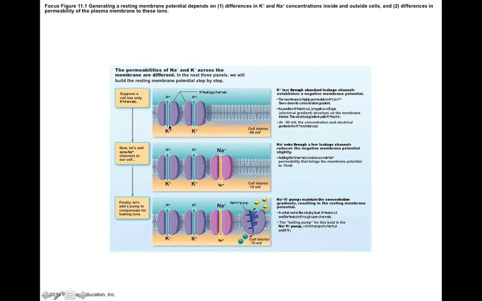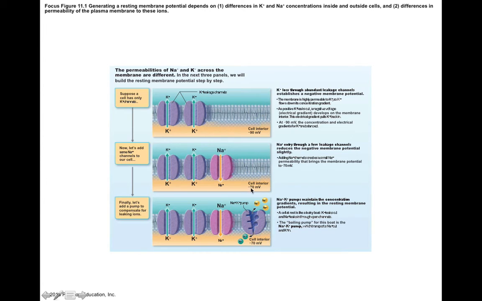Now, if you can isolate the effects of voltage due to the flow of potassium, we'd see that because you're removing positive charge from the cell and potassium is flowing down its concentration gradient, the inside of the cell becomes relatively more negative. In fact, if only potassium flowed, it would get to about negative 90 millivolts. Now, if you throw sodium in here too and have a sodium leakage channel, which remember is only 1/25th as permeable as potassium, you're bringing positive charge into the cell as well, which makes the cell slightly more positive than if it were just potassium flowing.